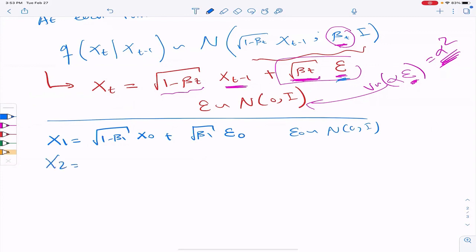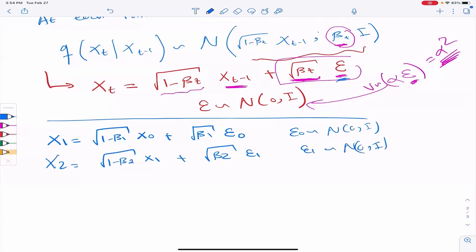To generate x2, I'm going to scale down x1 a little bit and add some noise to it. Again, this noise is going to be regenerated. This is not the same noise vector I generated in the previous step. Every time I'm drawing a sample from my normal distribution.